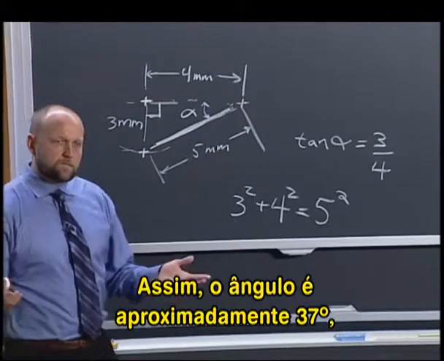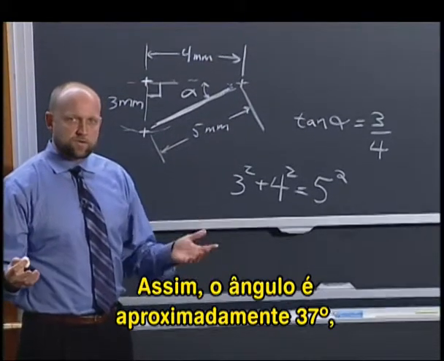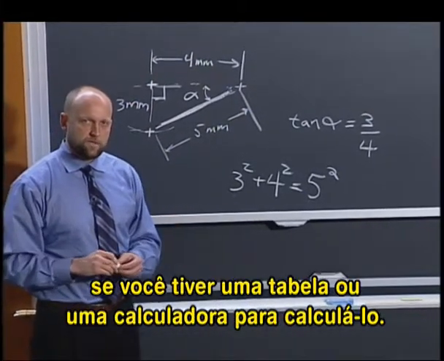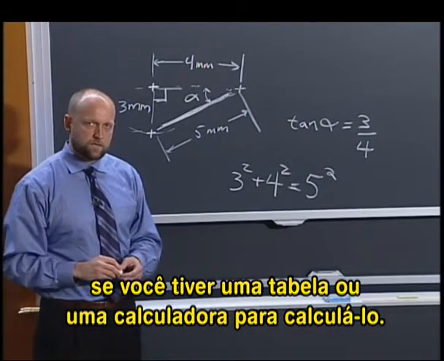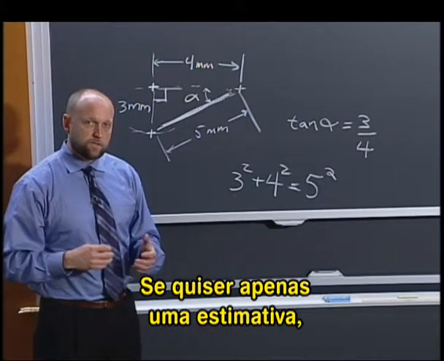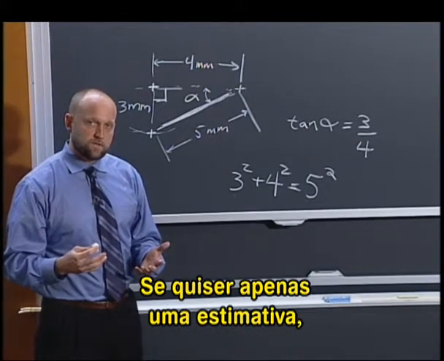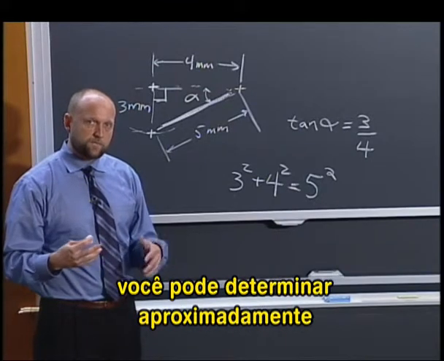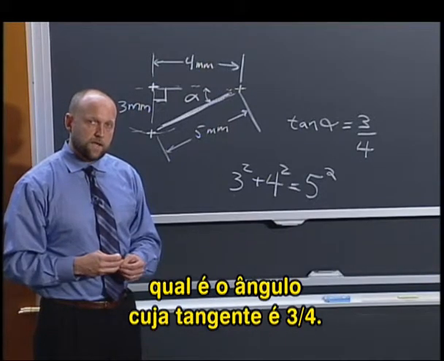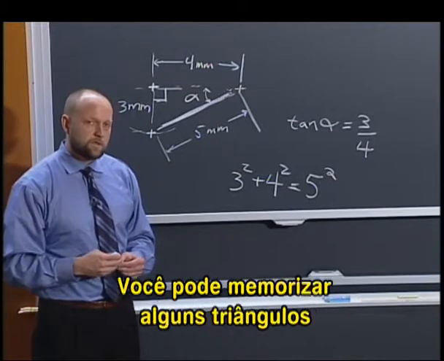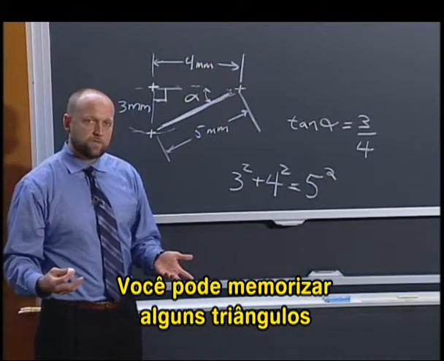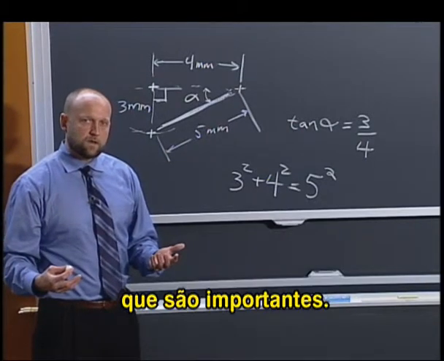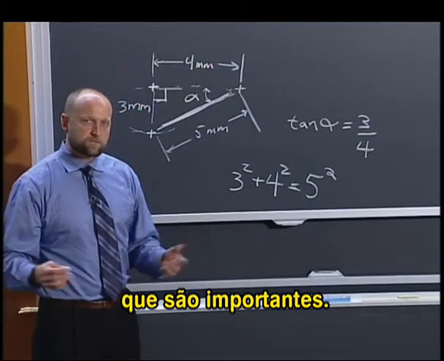Therefore, the angle is roughly 37 degrees if you happen to have a table or a calculator that can make this calculation. If you just want to do an estimate so that you can ascertain roughly what is the angle whose tangent is 3/4, you might just try to remember some of the triangles that are important benchmarks.